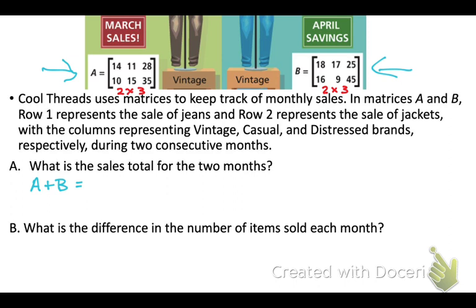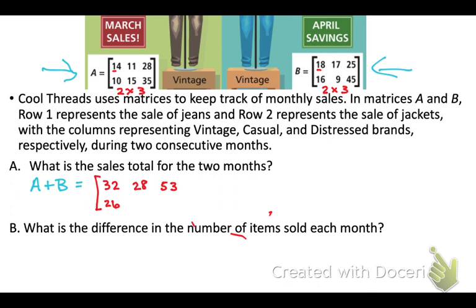That's it. Okay, so what is A plus B? 14 plus 18 is 32. 28. How about you do it? I'll do it. We better get the same answers, right? Yes, ma'am. We're just adding the corresponding elements. I'm writing them out so I know. Okay, that's fine.